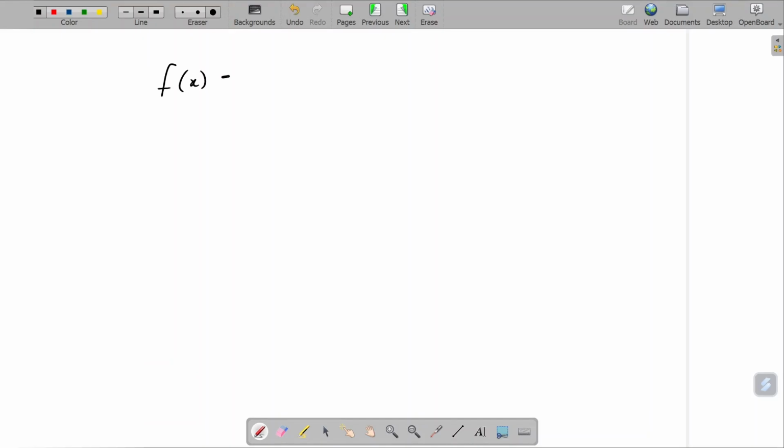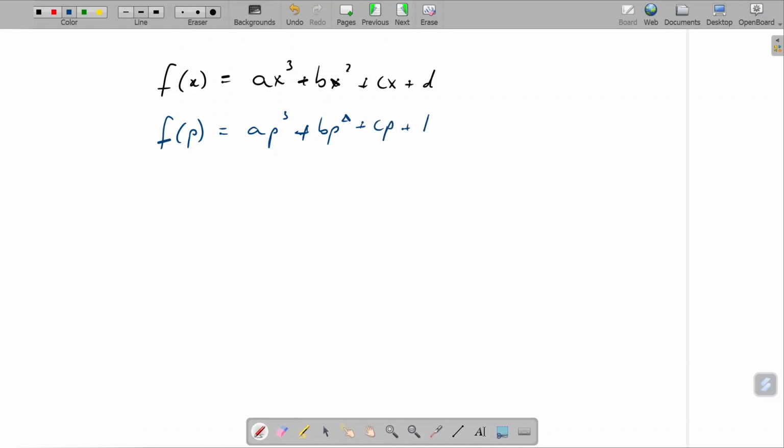Now, the key idea in the remainder and factor theorem is that if I was to have a function, let's call it f of x equals ax cubed plus bx squared plus cx plus d, and I was to substitute a particular value, let's call it p, giving a of p cubed plus b of p squared plus c of p plus d, and this came out as naught, we would know that we had a solution of x equals p.